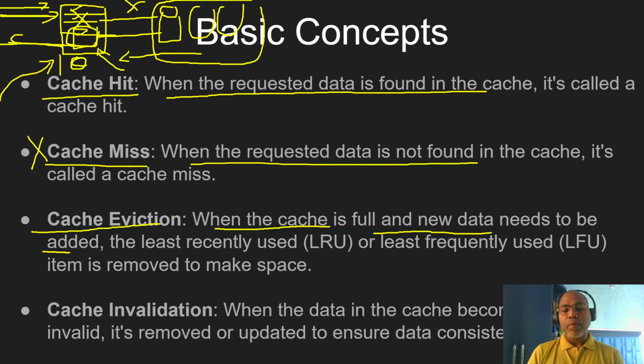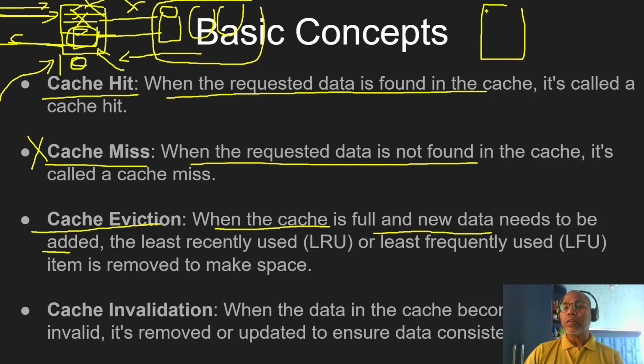We're going to talk about them. Maybe, hey, remove whatever was most recently used. Or remove whatever was least recently used. Or remove the oldest one. Or remove the newest one. So there are lots of cache eviction policies we're going to talk about.